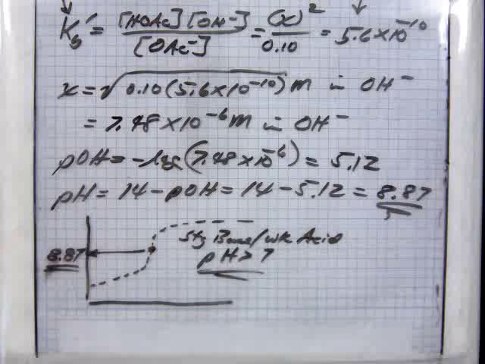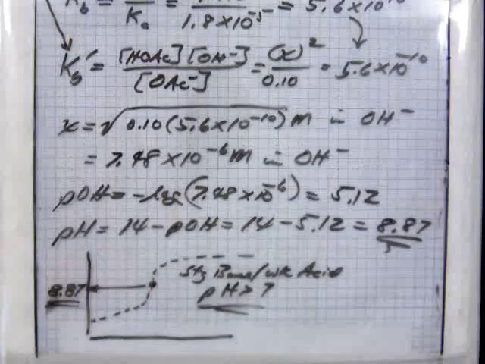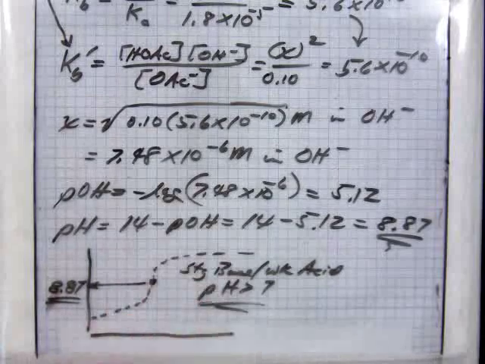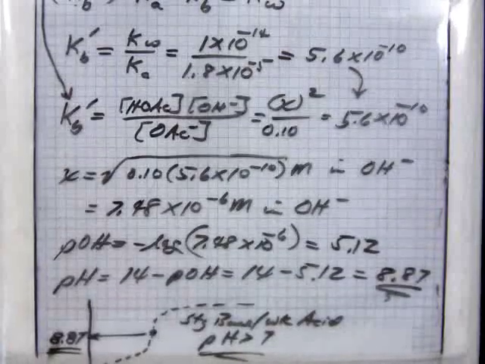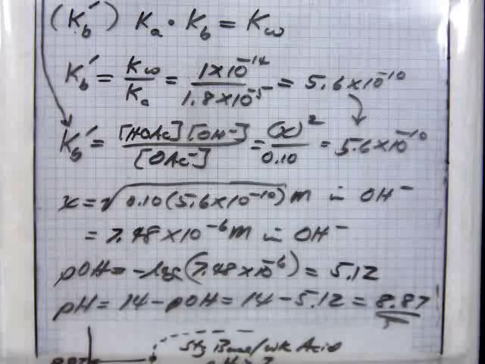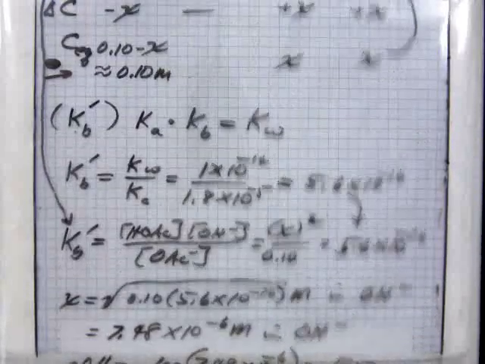But in working the problems that you will have on this, you will be given a concentration of the acid, or you'll just straight away be given the salt and concentration. I'll work one in a minute for you.